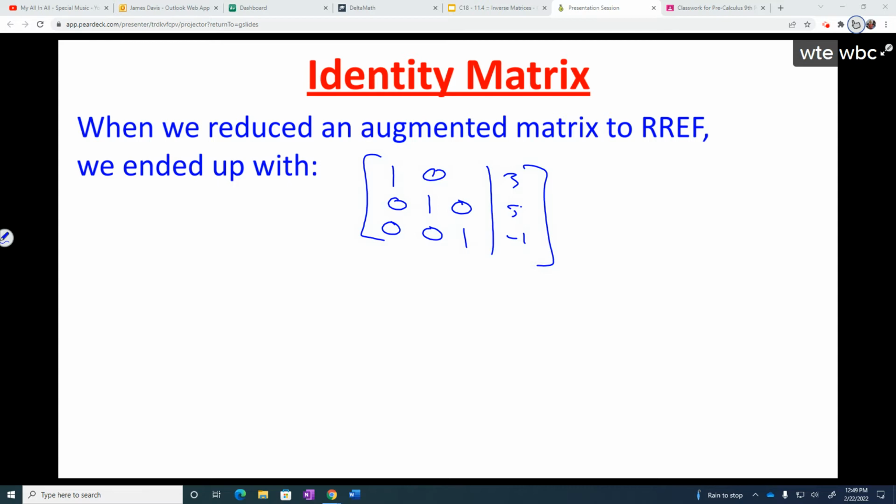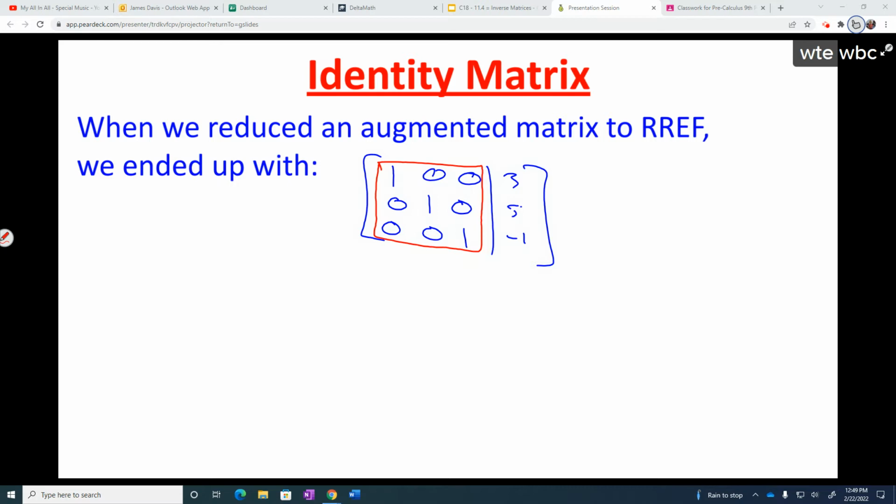So we try to end up with ones on the main diagonal, and zeros everywhere else. That was the goal of reduced row echelon form. And then these were the answers. Well, it turns out what we're actually doing is creating something called the identity matrix. Those ones on the main diagonal and zeros everywhere else, it's called the identity matrix.